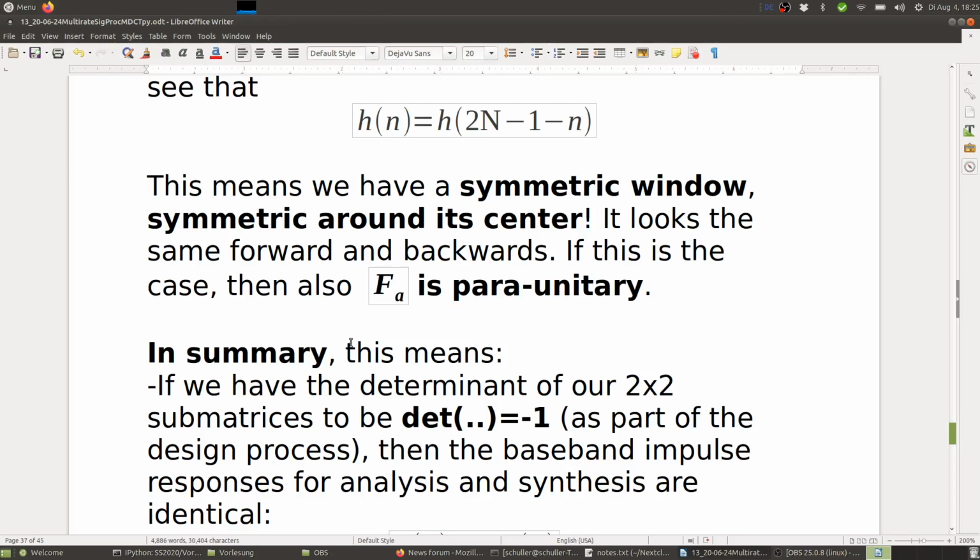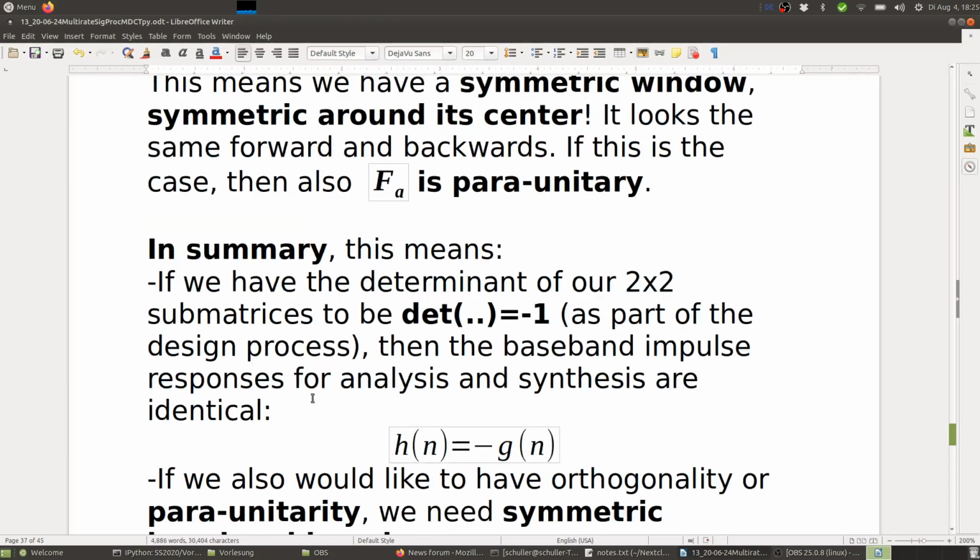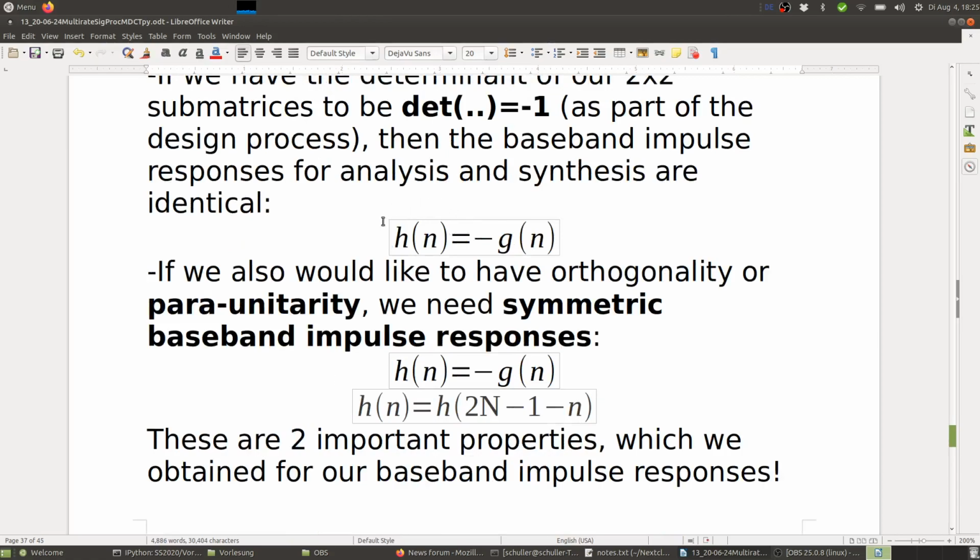So in summary, this means if we have the determinant of our 2x2 submatrices to be determinant equals minus 1 as part of the design process, then the baseband impulse responses for analysis and synthesis are identical. H of n equals minus g of n for perfect reconstruction.